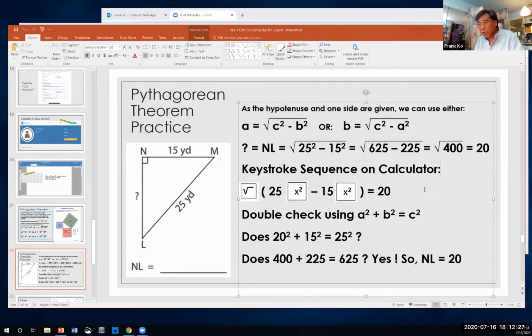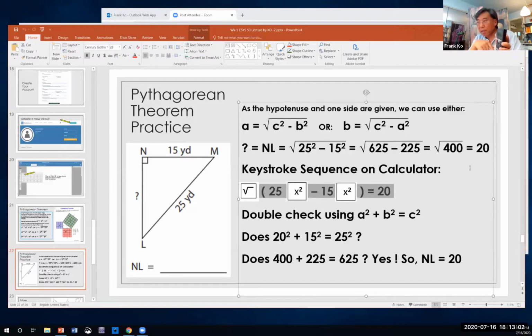Your keystroke sequence, if you were to do this on the calculator completely, will be as follows. Do this keystroke sequence together with me. You hit the square root key, and you have to hit open parentheses. Then you hit open parentheses 25, then the square key. Then what's after that?